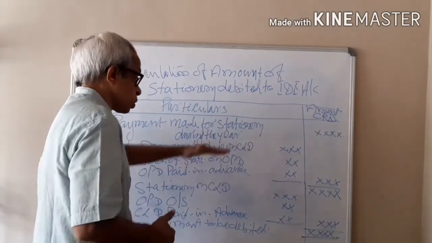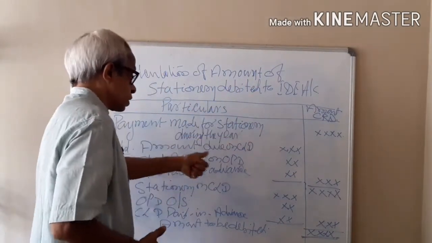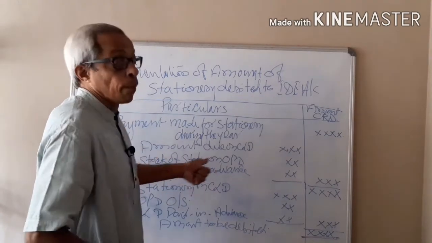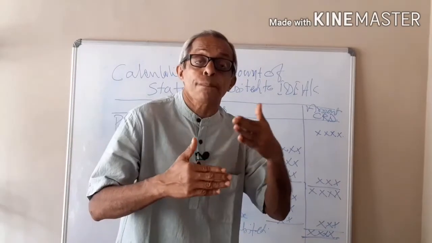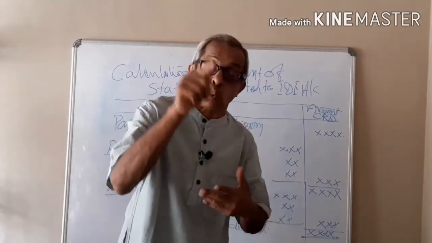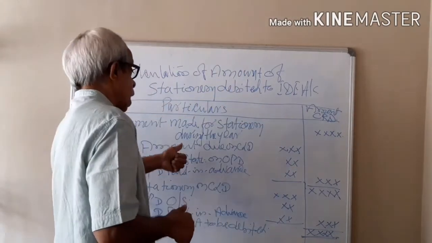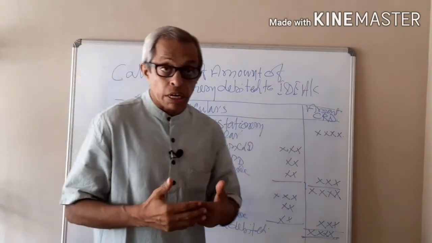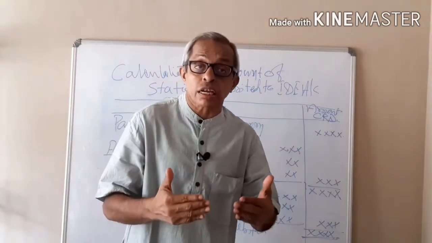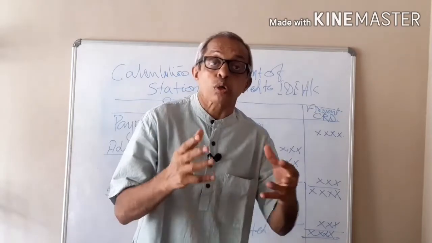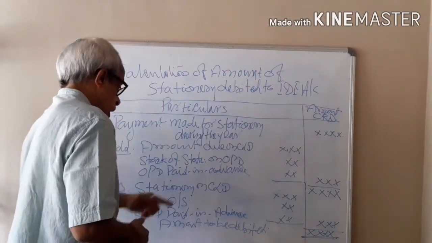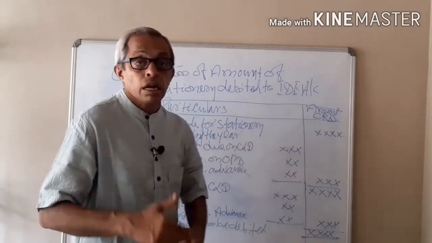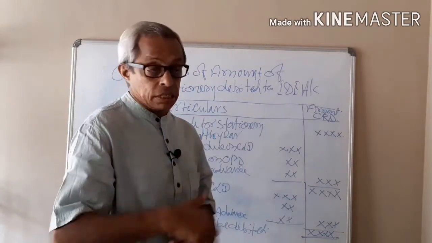So these 3 figures may be added, and the last 3 figures are the figures to be deducted.